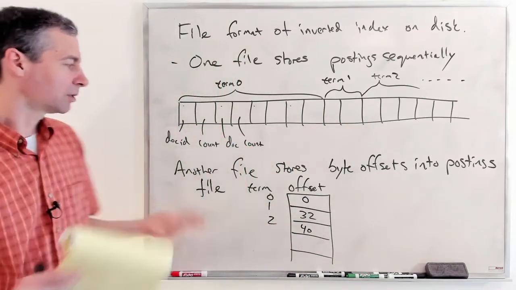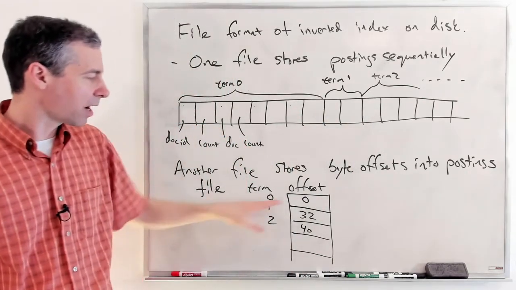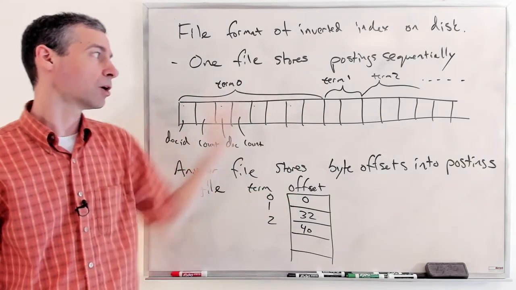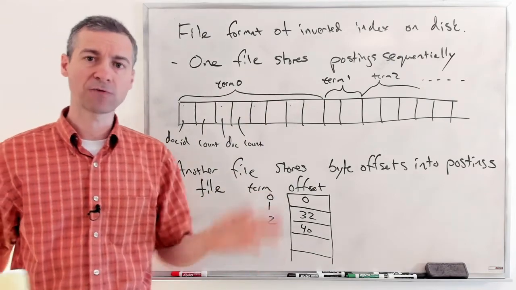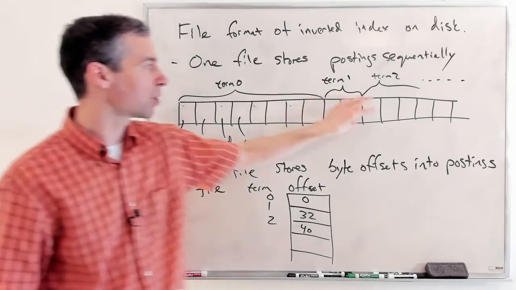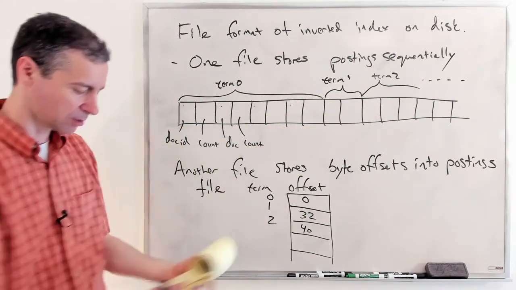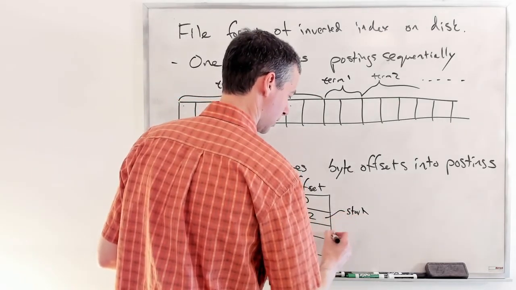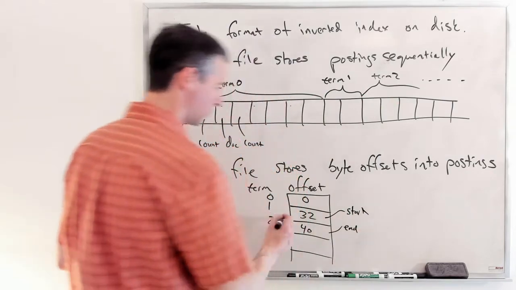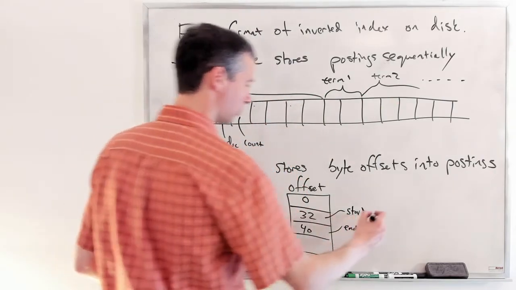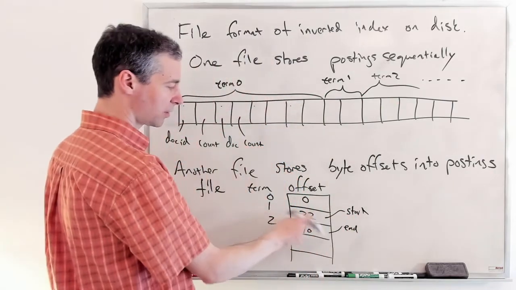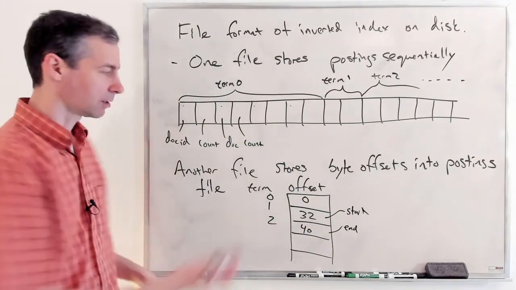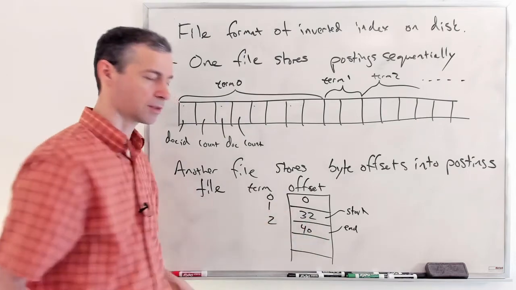Now you're like, well, okay, I could use this file to find out where to go in this file to find the postings, but how far should I read? Don't I need to mark the end of it? Well, the nice thing is you can easily see that this is the start here, and this is the end. And so very nicely here, for term 1, we just subtract. All you have to do is look ahead to the next integer and go, yeah, that's a difference of 8 bytes.